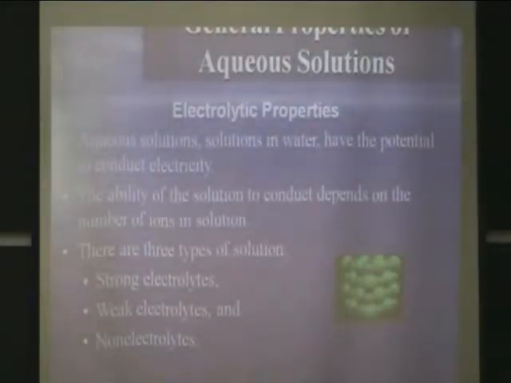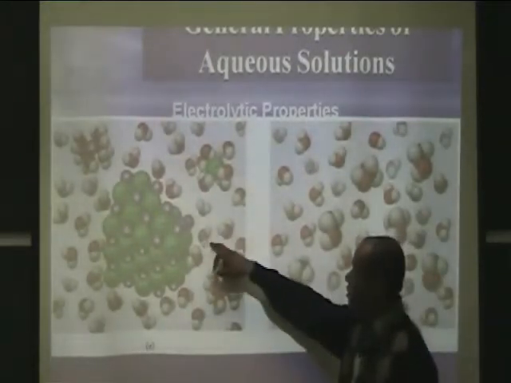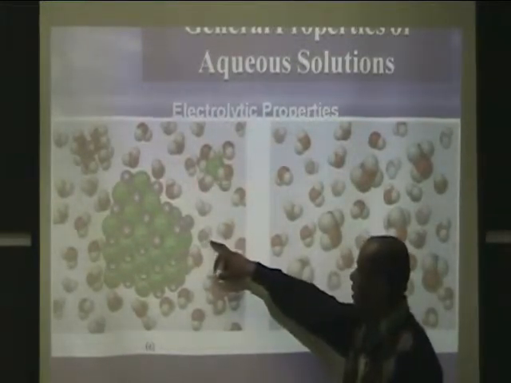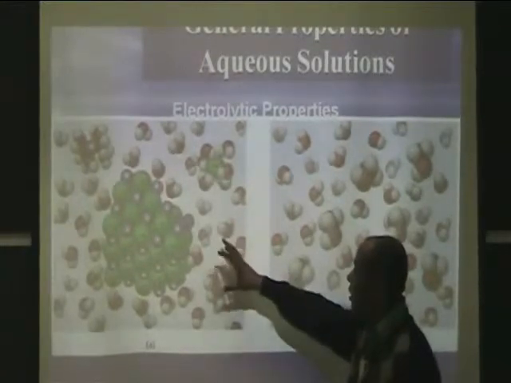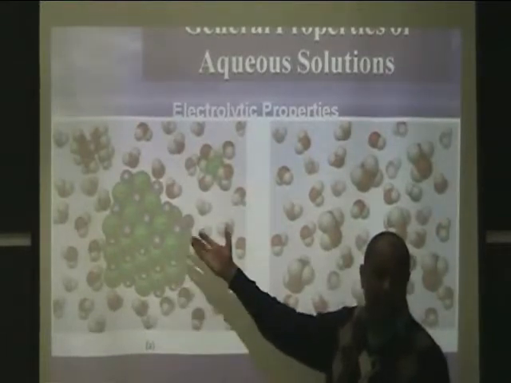Can we go back to this slide? Yes. Here what it shows you is a water molecule. The idea is that the water molecule is surrounding an ionic substance. It can be sodium chloride, it can be magnesium chloride.